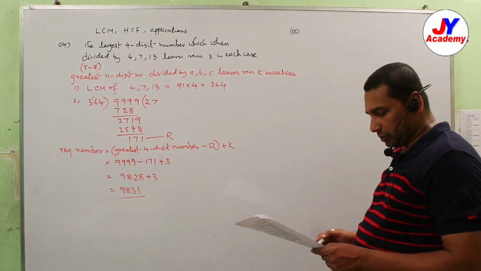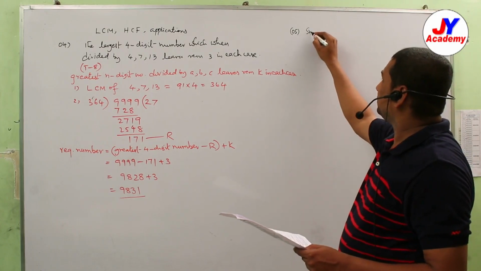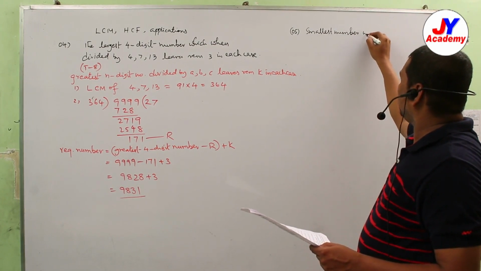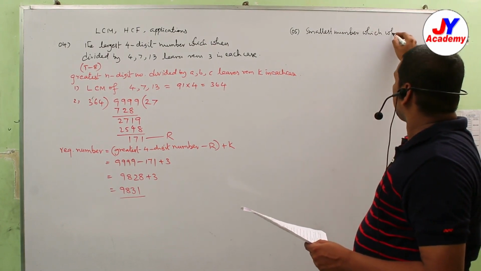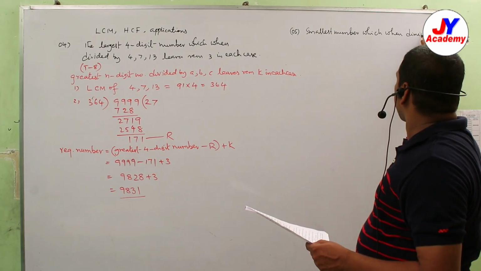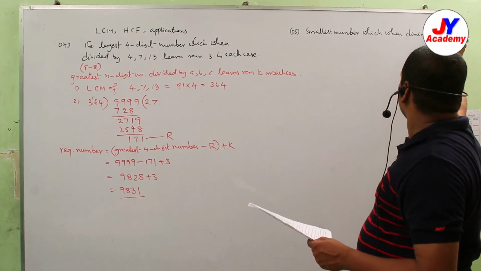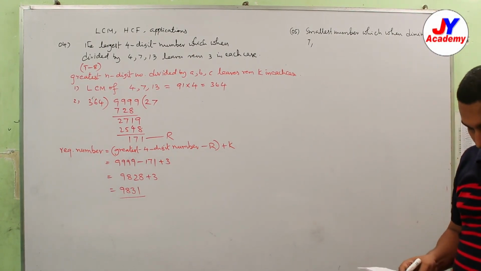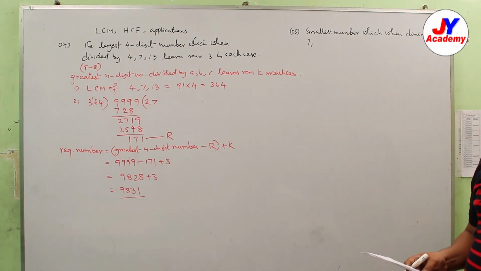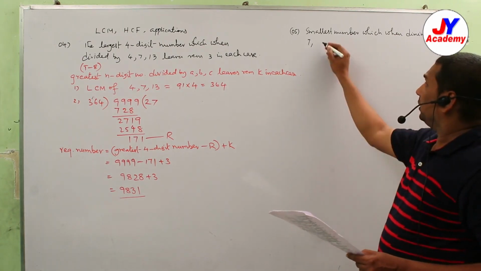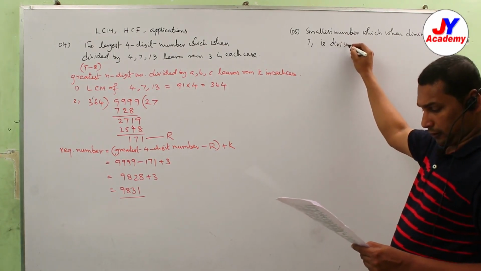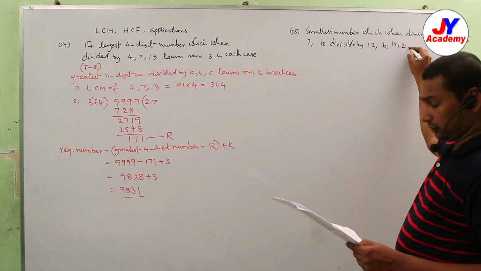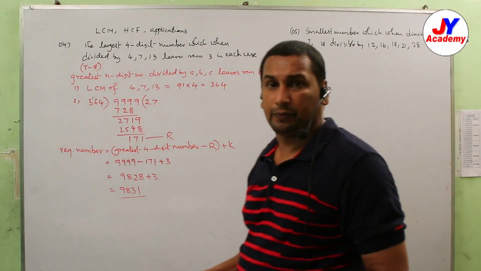So now we'll see one more question. See, the smallest number which when diminished by 7 is divisible by 12, 16, 18, 21, 28.